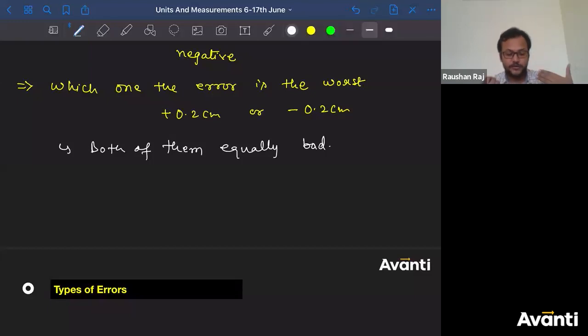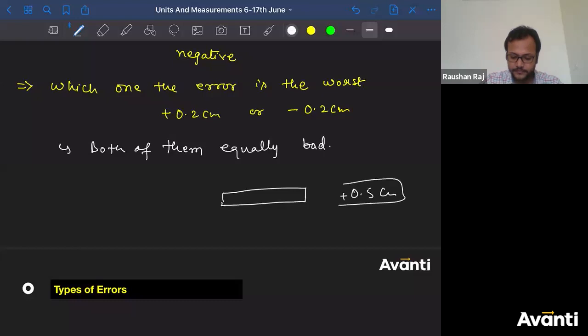So when we talk about error, if you want to express error, will you tell the maximum error or some kind of intermediate error? Let us say when you measure a rod, the maximum error that you can get is 0.5 centimeter. While quoting the error in this length, what value will you tell?